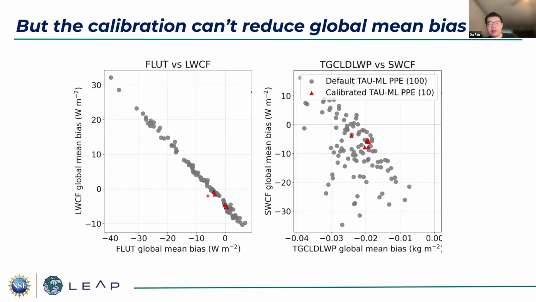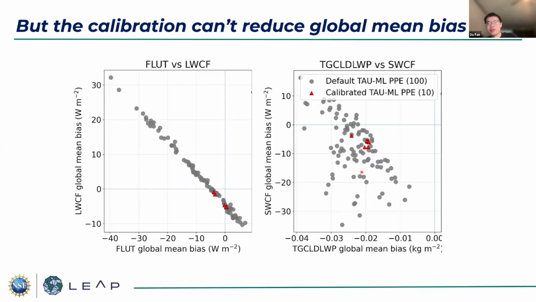You can see these points are almost perfectly along a linear relationship between the upward long wave flux and long wave cloud forcing biases. However, this regression line doesn't intersect the origin, which means it's not possible to simultaneously eliminate the biases in both long wave cloud forcing and upward long wave flux, at least in our current experiments.